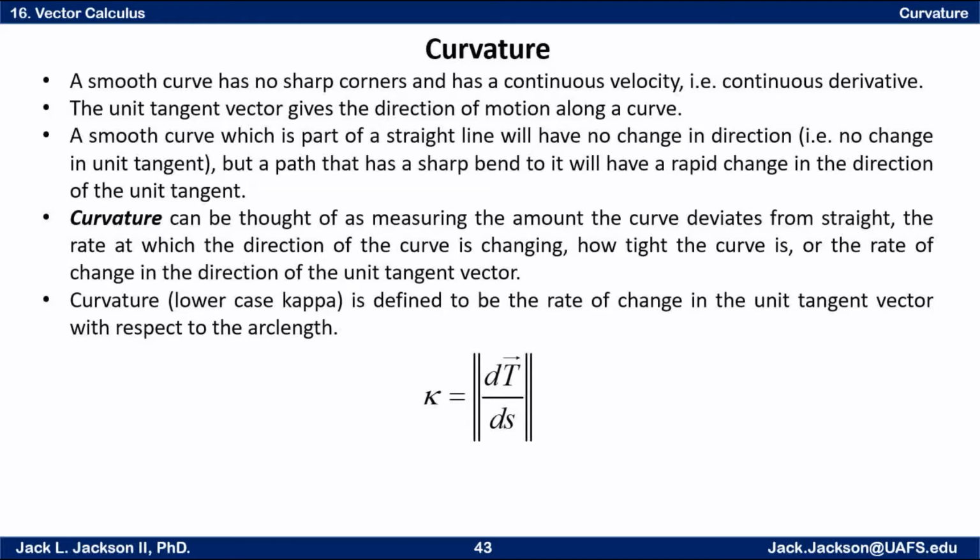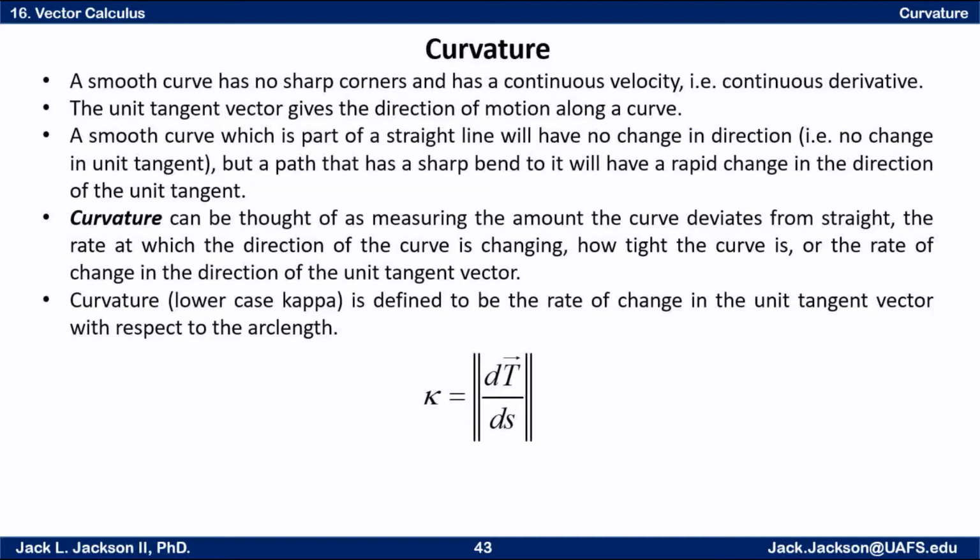But if the path has a sharp bend to it, it will have a pretty rapid change in the direction of the unit tangent. So curvature is going to measure this. We can think of curvature in several different ways: the amount that the curve deviates from straight, the rate at which the direction of the curve is changing, how tight the curve is, or the rate of change in the direction of this unit tangent vector.